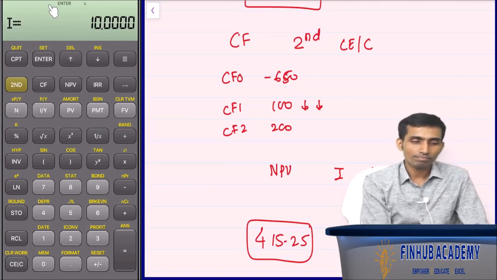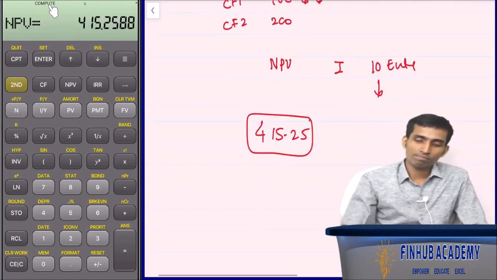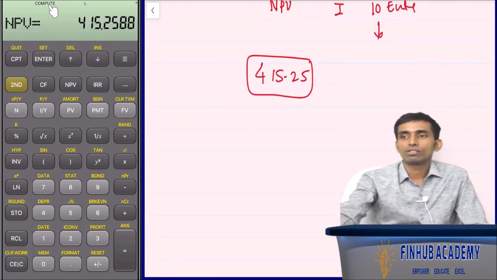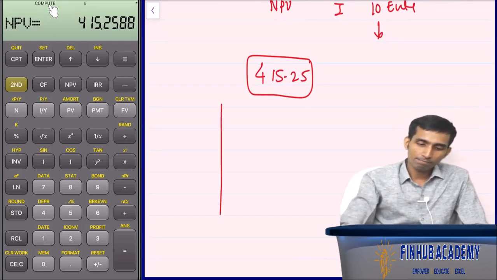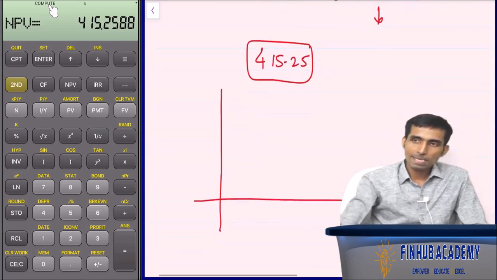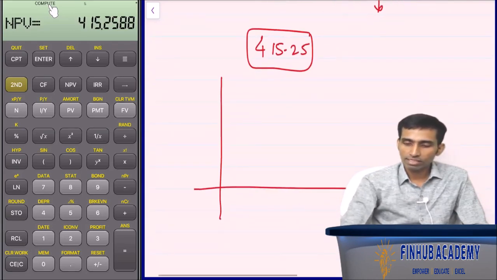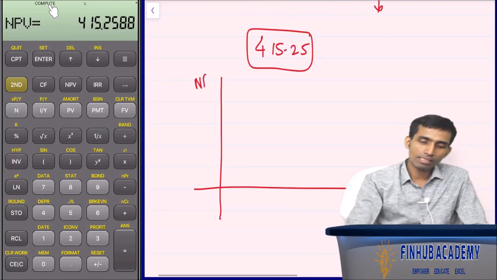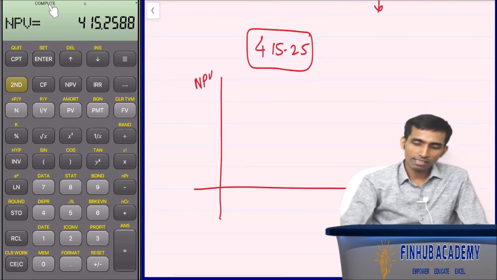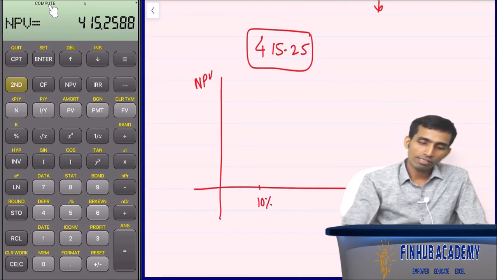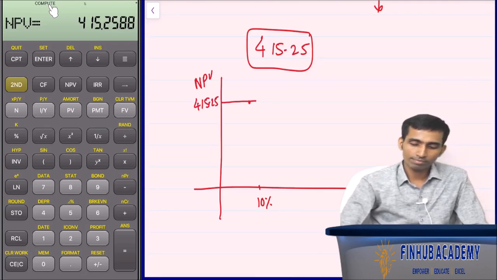Okay, fine. Now listen, there is one more thing, IRR. So let us make it easy. Let's say this is my interest and this is my NPV. At 10%, my NPV was 415.25.